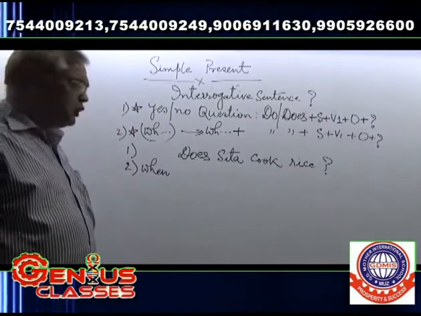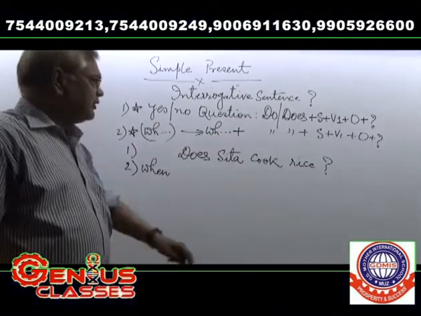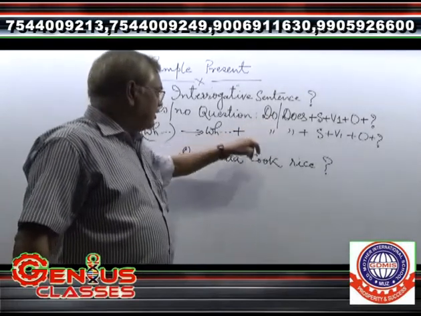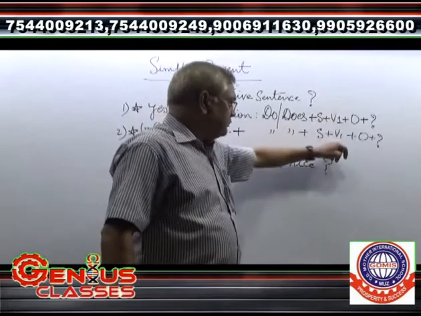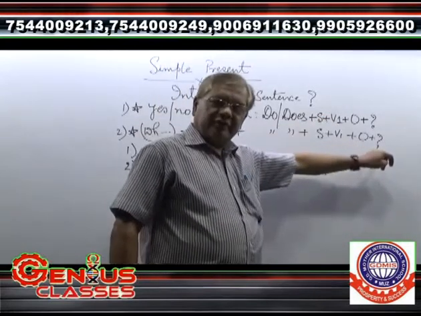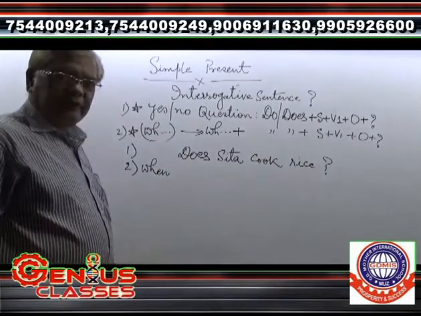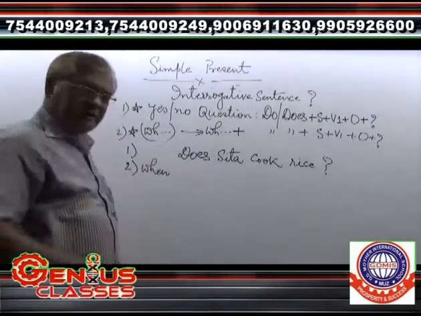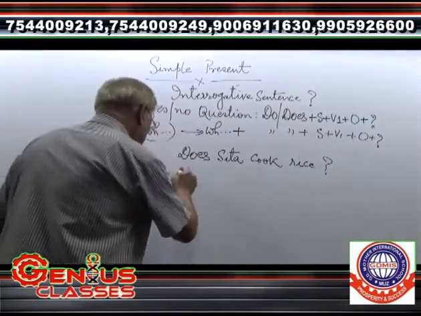As I have shown you, after writing that WH question, you are looking for do, does, then subject, then V1, then object, and at last question mark. Here also the same. After writing WH question, the same sentence should be written.